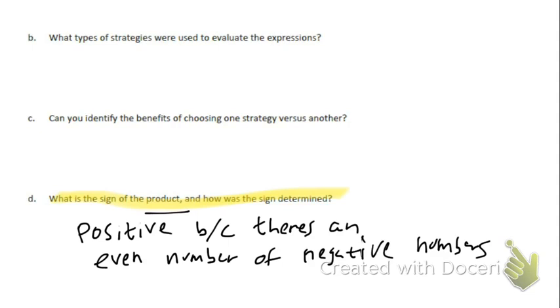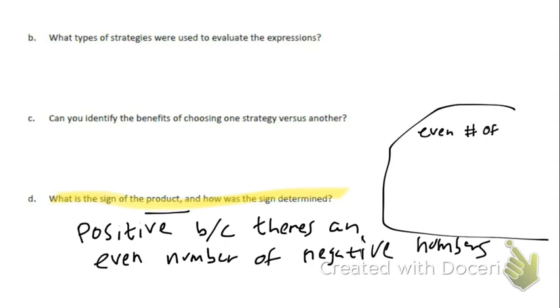Today we're going to be talking about a few different strategies on how you could make these problems easier. One, I guess this is more of a way to check what your answer is going to be and if you got the right sign or not. We have an even amount. So let's write that over here. Sorry for the background noise, I've got the dishwasher running right now. So hopefully you can still hear me. An even number of negatives means the answer is going to be positive.